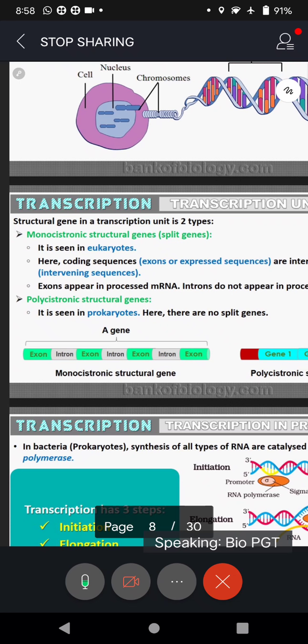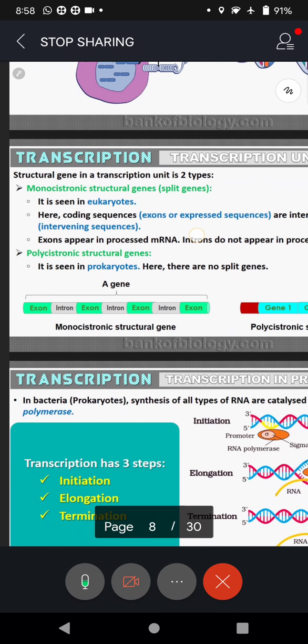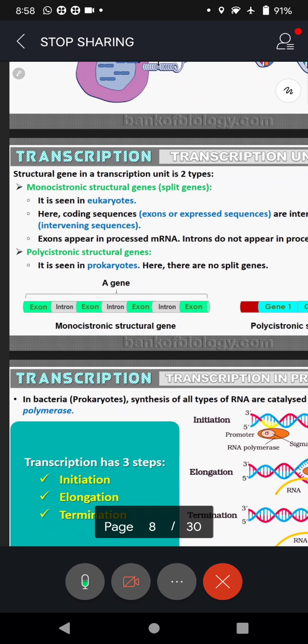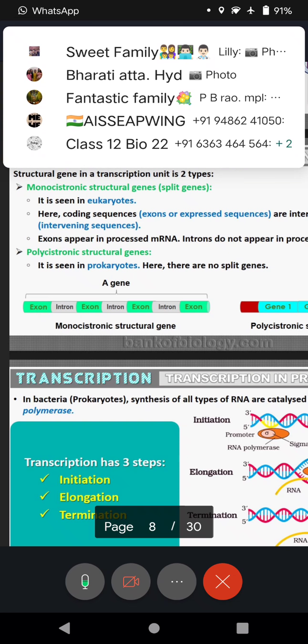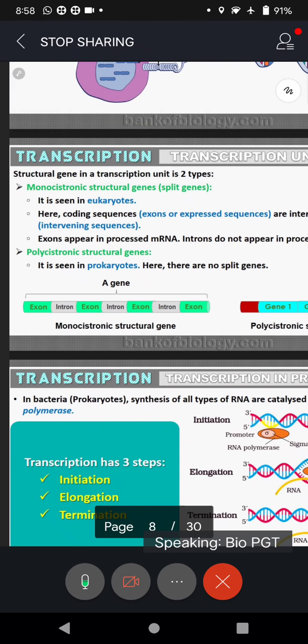So we said the structural gene will be there between the promoter region and the terminator region, isn't it? That structural gene will be of two types. One is the monocistronic, as the name says, one cistron. And the second one is polycistronic. Poly means many cistrons. You can see the monocistronic structure: exon, intron, exon, intron, exon, intron.